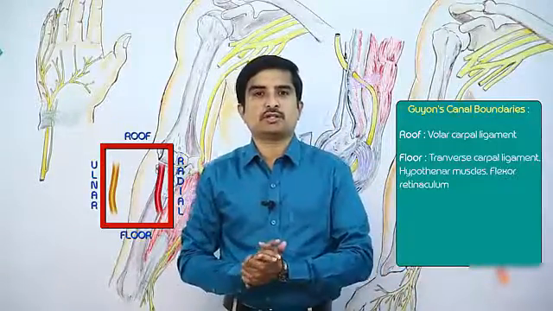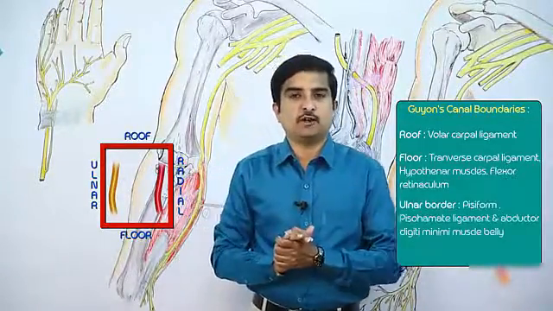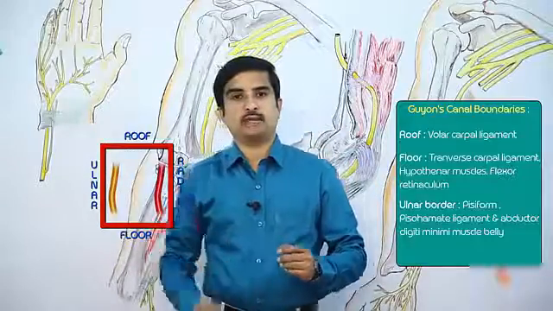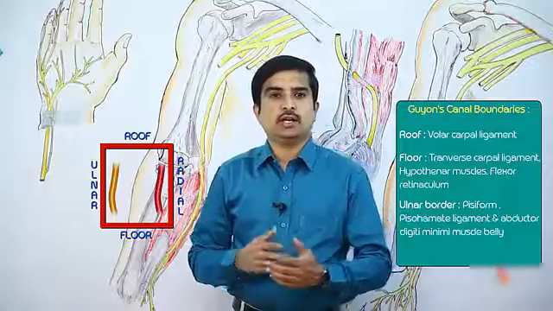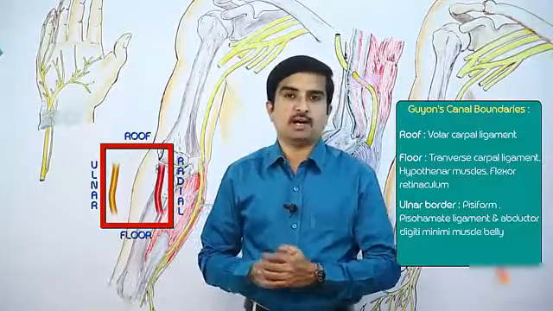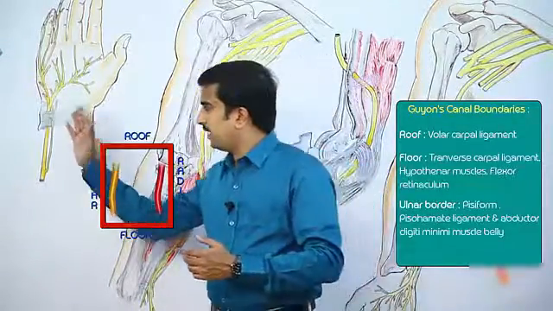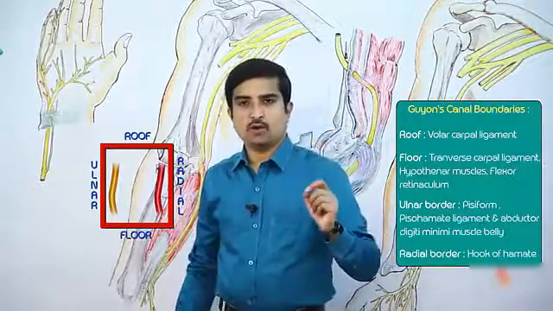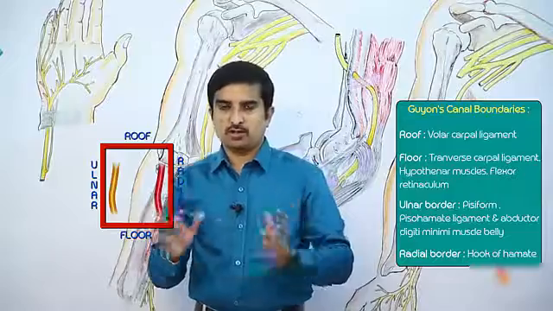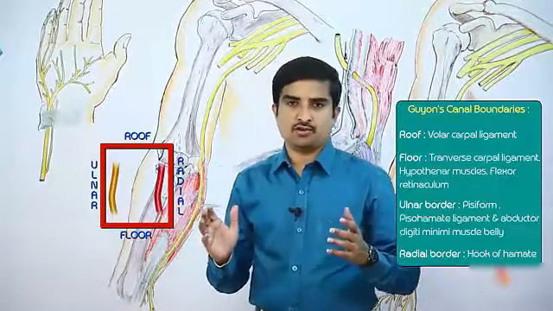The ulnar border is formed by the pisiform and the pisohamate ligament, and also the abductor digiti minimi belly. And next is the radial border. The radial border is mainly formed by the hook of the hamate. All these are the boundaries of the Guyon's canal.